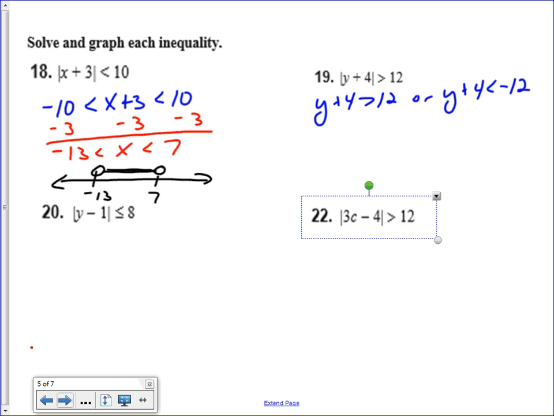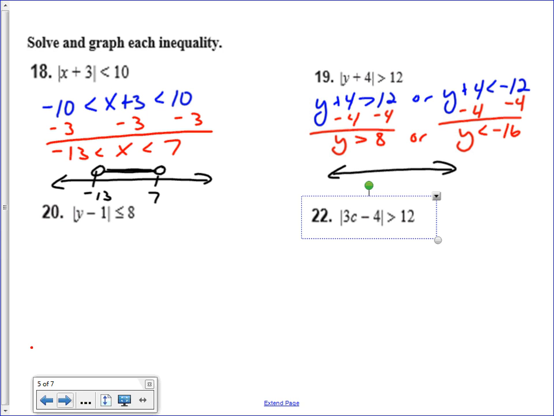On the first one, I'd simply subtract 4, and I'd have y is greater than 8, or on the second one, if I subtract 4, I have y is less than negative 16. So on a graph, I've got negative 16 and positive 8, so that means I'm going to have an open circle at negative 16, arrow to the left, open circle at 8, arrow to the right.